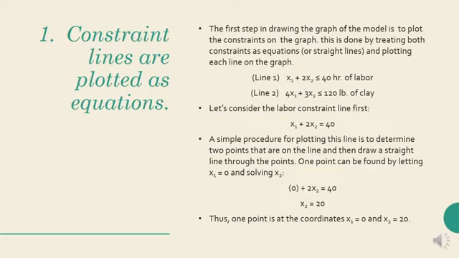For line 1, let x1 be equal to 0. So, ang makukuha mo doon, 0 plus 2x2 is equal to 40. x2 is 40 divided by 2 is 20. Thus, 1 point is at the coordinates x1 is equal to 0 and x2 is equal to 20.